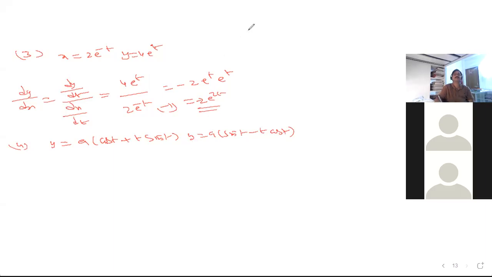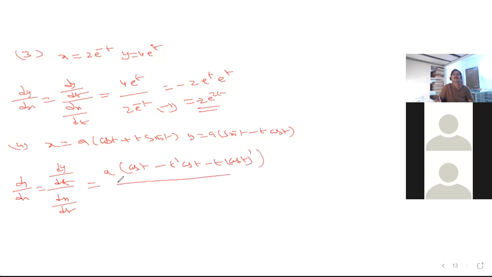Now you tell me, dy by dx is nothing but dy by dt divided by dx by dt. A into the derivative of this one, please tell me guys: cos t minus t dash cos t minus t cos t dash, do you agree? UV formula used here.